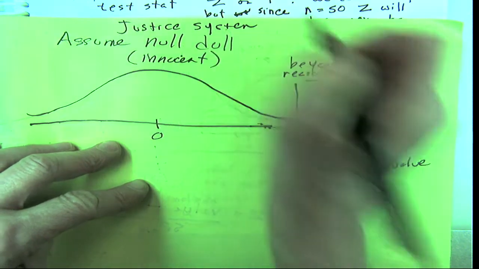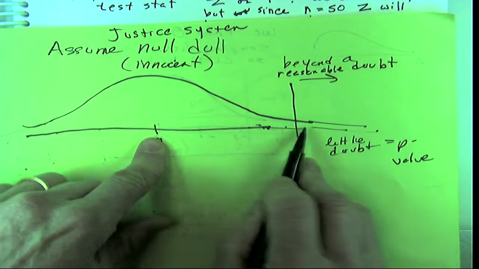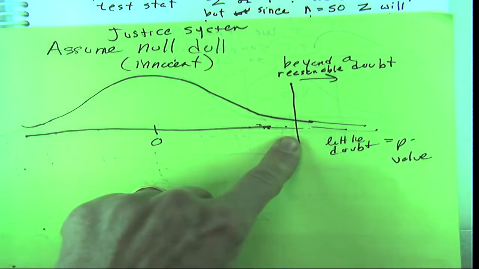You assume, it's an argument by contradiction. You assume the defendant is innocent, right? And then you accumulate more and more and more evidence. And at some point, you have to make a decision.